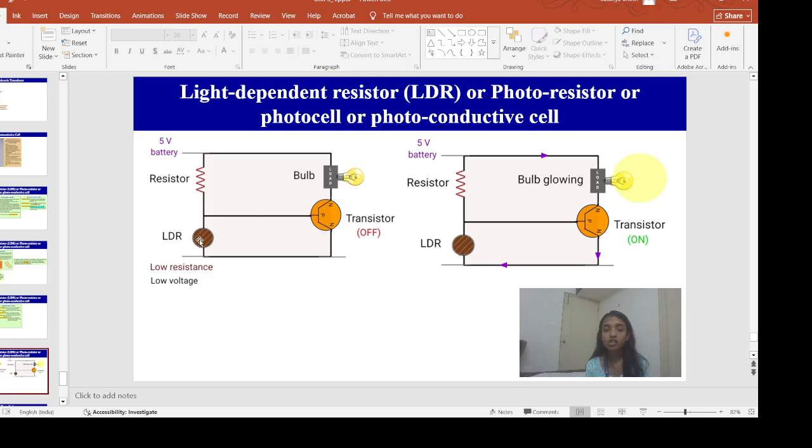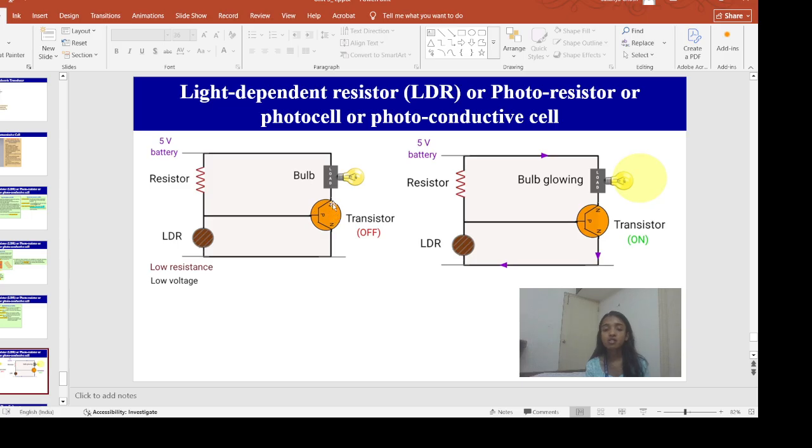This low voltage goes to the base of this NPN transistor. It is not enough to turn on the transistor, because we know that to turn on the transistor we need to give a minimum of 0.7 volt base drive. If that much base voltage is not available, your transistor will be off.